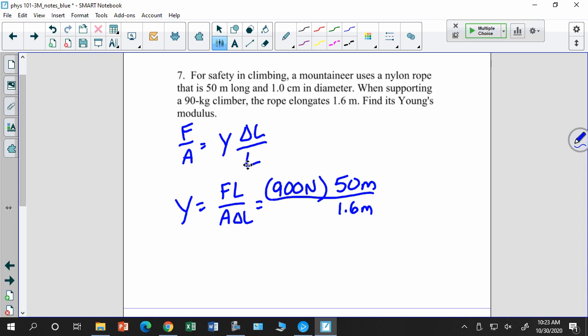And for the cross-sectional area, A is pi r squared. That's pi times 1 centimeter, which is 0.01 meters. That's the diameter, so I'll take half of it, squared. And then that will give me the Young's modulus for that rope.